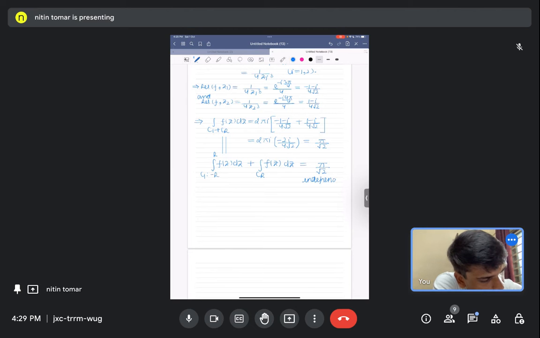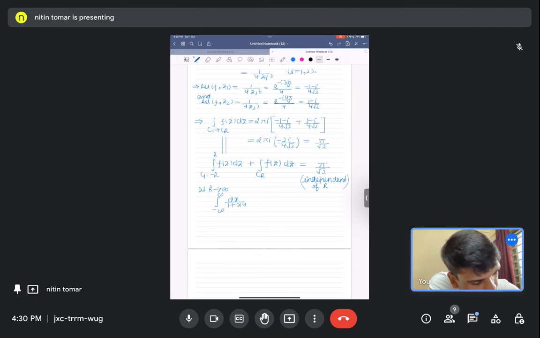Yes, sir. So as R goes to infinity, it will become the integral from minus infinity to infinity of fz dz, which is nothing but dx upon 1 plus x4.